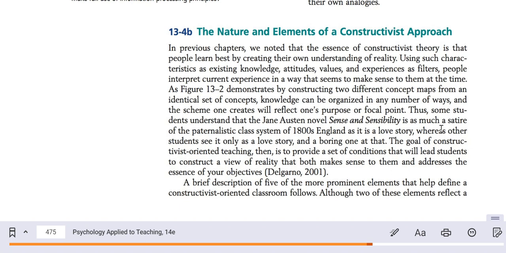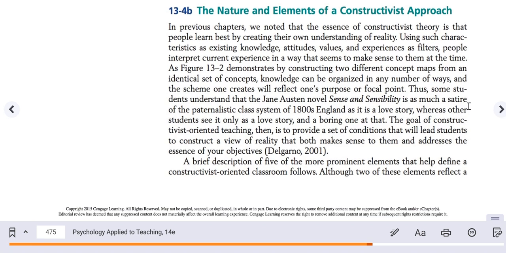The goal of constructivist-oriented teaching, then, is to provide a set of conditions that will lead students to construct a view of reality that both makes sense to them and addresses the essence of your objectives. A brief description of 5 of the more prominent elements that help define a constructivist-oriented classroom follows.